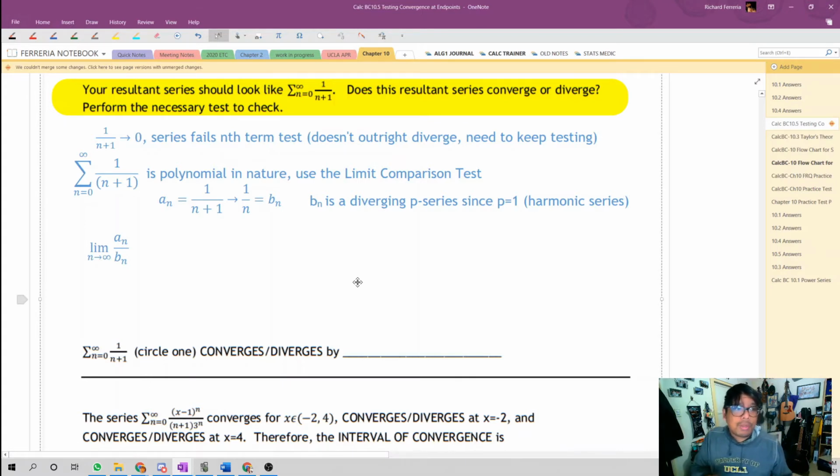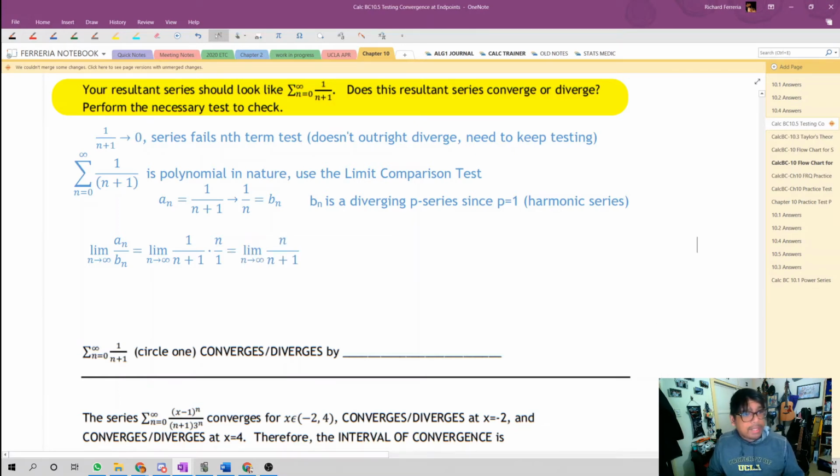So to start the limit comparison test, we're going to find the limit for a over b. If you want to treat this like the ratio test and just multiply by the reciprocal of b, you're perfectly within your right to do that, because it will simplify a little bit easier. Okay, it simplifies to n over n plus 1.